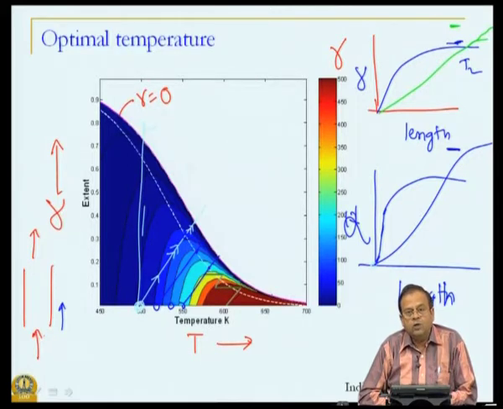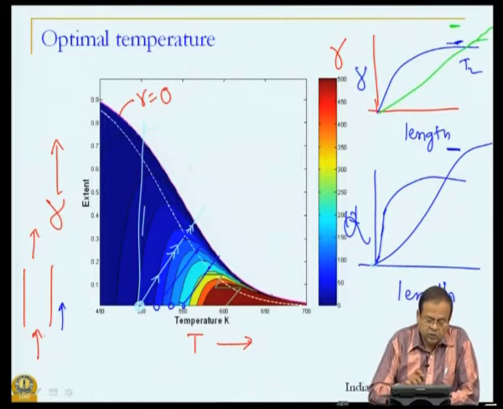So, the rate of increase in conversion will also go to 0. That means equilibrium conversion, mathematically speaking, can be obtained only with a reactor which is infinitely long. That is one point, but that is beside the point.